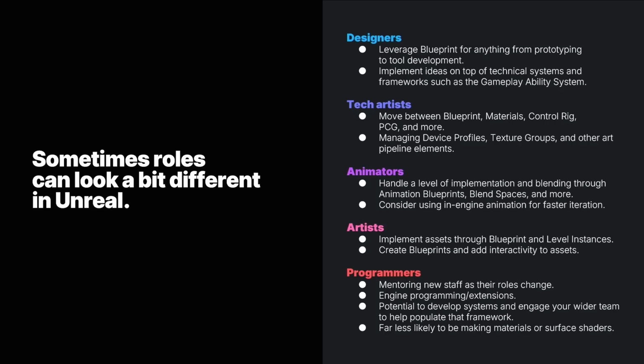And this could be a completely different slide with a bunch of different text suitable to your teams. But great examples of this are, I frequently see designers moving into Unreal, and when they start switching into Unreal, they start embracing Blueprint. They start building their own little systems, their own little tools, their own little modes.